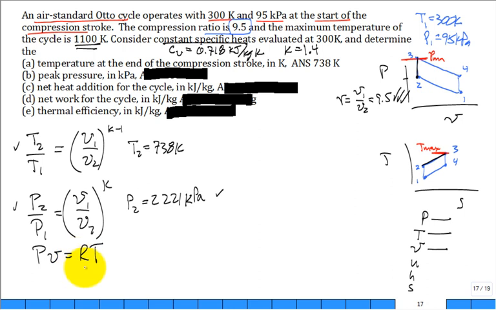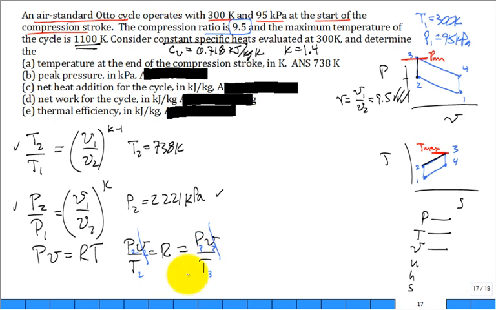So what you do is you say that PV divided by T is equal to R, or that it's PV over T where you put state 2, 2, 2, 3, 3, 3, and then you say, well, V2 and V3 are the same. Bingo.